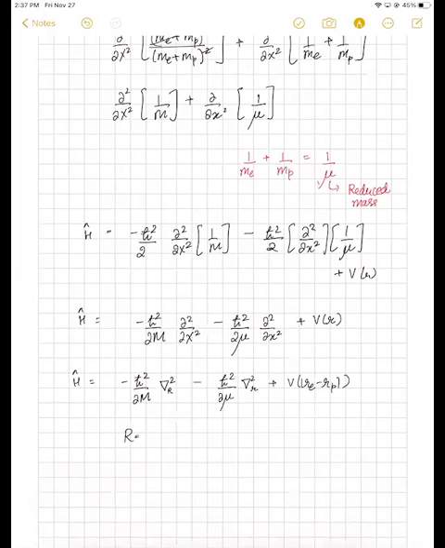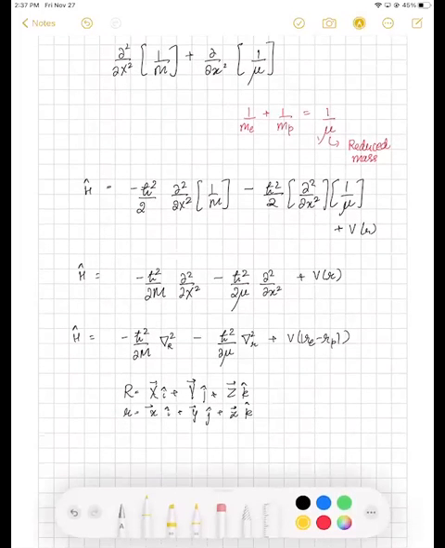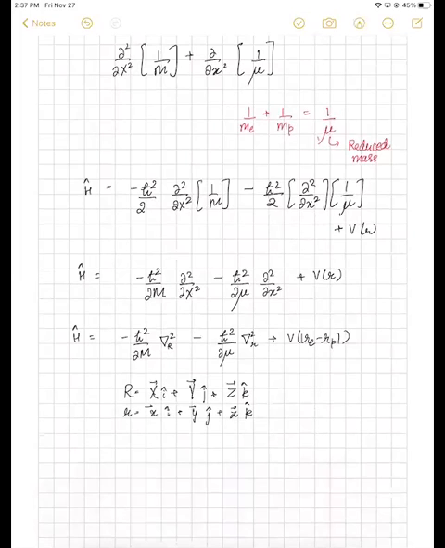So capital R is nothing but x i cap plus y j cap plus z k cap. And small r is small x i cap plus small y j cap plus small z k cap. So this, finally, is our transformed Hamiltonian for the hydrogen atom.